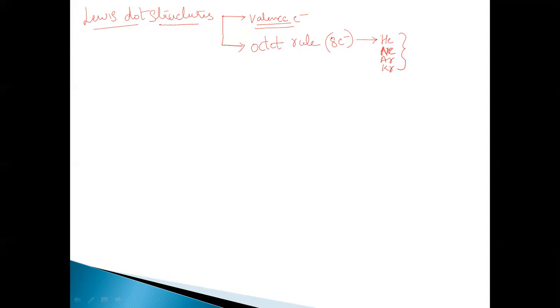So atoms should have 8 electrons in the outermost shell, except hydrogen, which will have 2 electrons. It's an exception; it's a doublet of electrons. So they should follow the octet rule, but the central atom may or may not follow the octet rule.